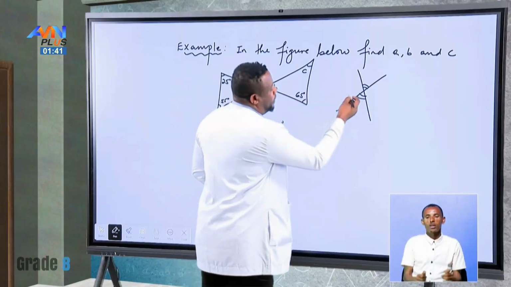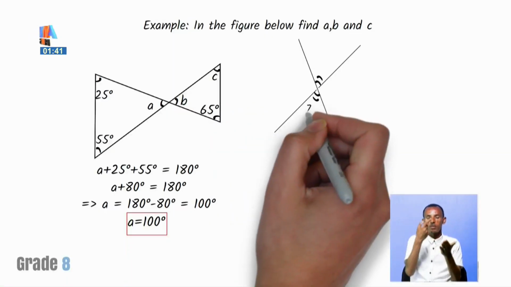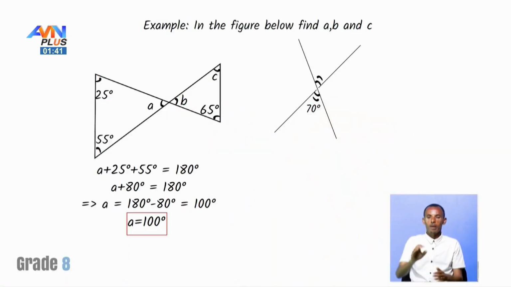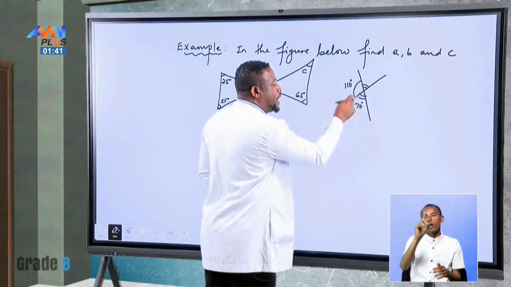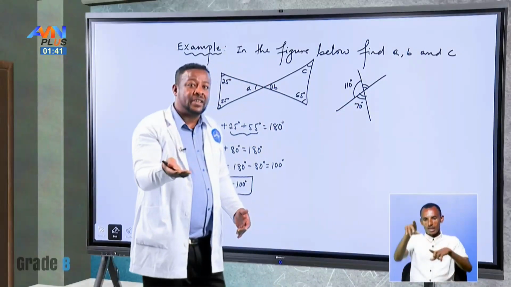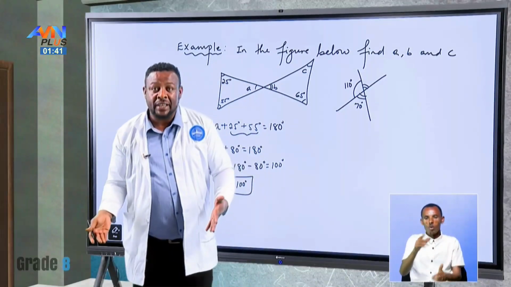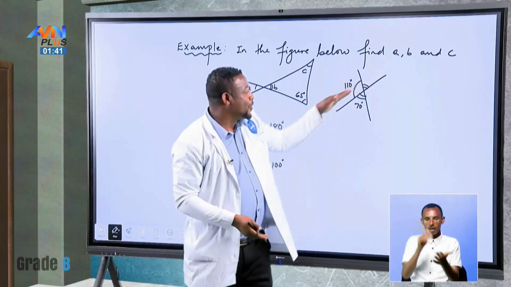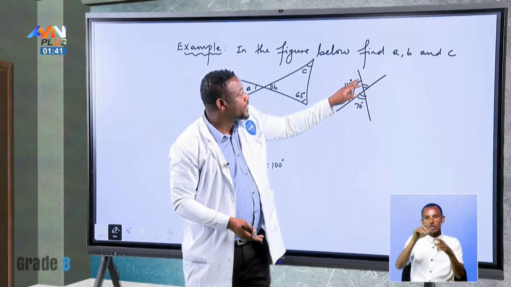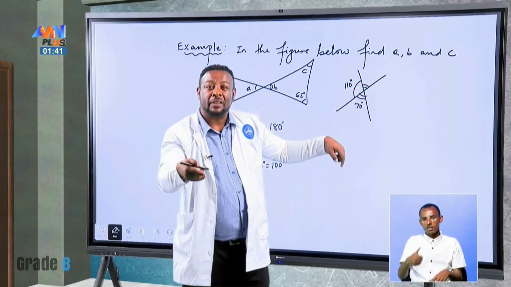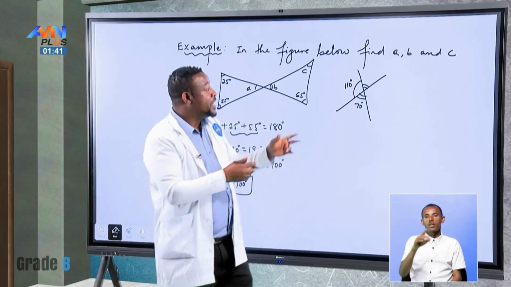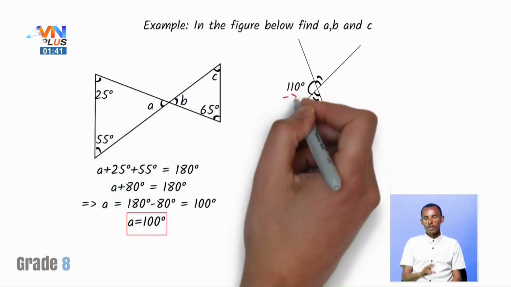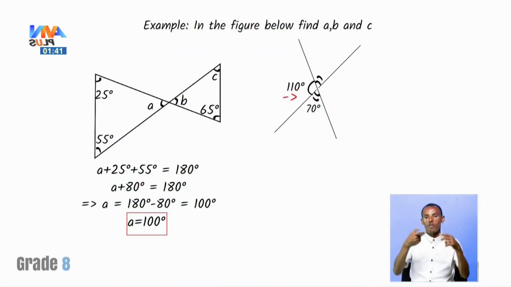For example, if this is 70 degrees, the remaining part becomes 110, because the sum of a straight angle is 180 degrees. Again, this is also a straight angle. If this is 110, the remaining should be 70 because it has to form a straight angle of 180 degrees. We call these vertically opposite angles.